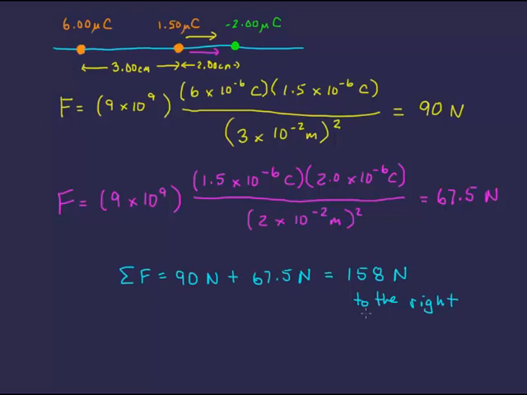You will come across problems where you will have charges lined up like this, where you might have charges not in a line. And in the case of problems like that, you're going to have to do all the nasty vector math that I know you all hate. You might have to break down some of these forces into components.